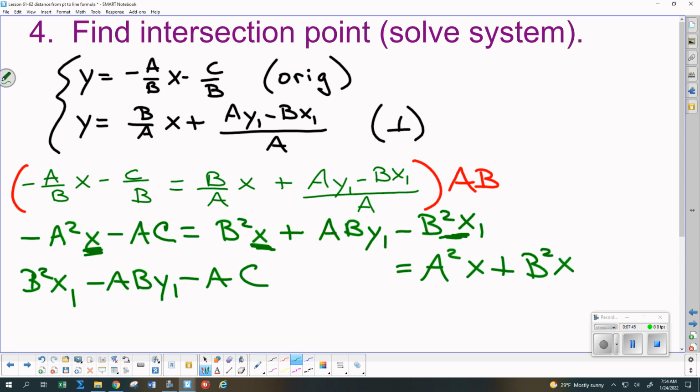And you can probably guess when we're trying to solve for a variable, we're trying to get x right now, we're going to factor that out on the right-hand side so that this side is now x times a squared plus b squared.